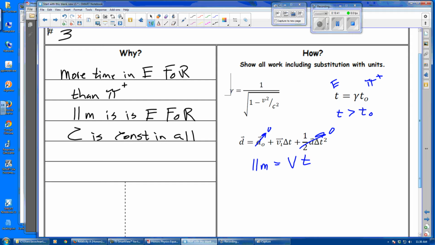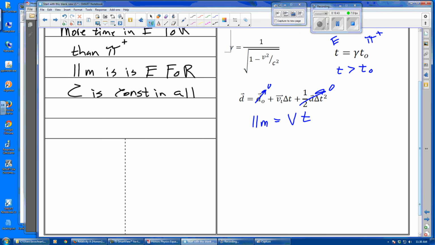Unfortunately, that's two variables, which is not good to have in one equation. But we know that t is related to t naught. All right? We know that t in the Earth's frame of reference is t naught over the square root of 1 minus v over c squared.